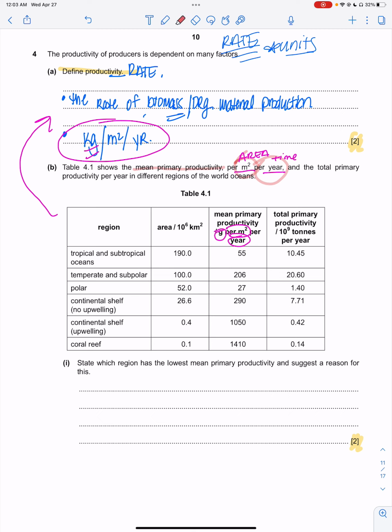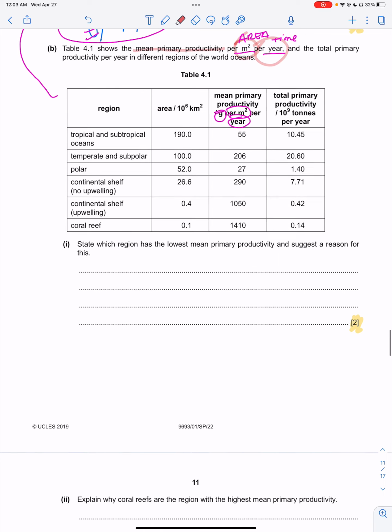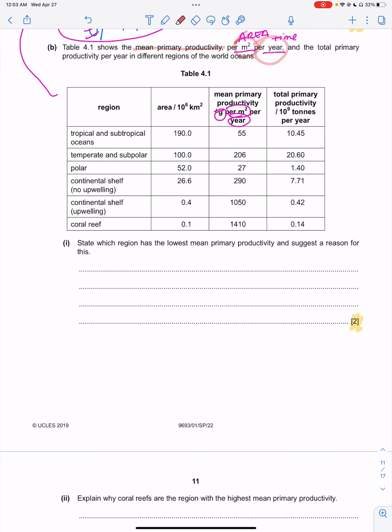And then it also shows you the total primary productivity per year in different regions of the world's oceans. And this is total, with their entire area. This has the entire area, where this one is just in a meter squared on average.